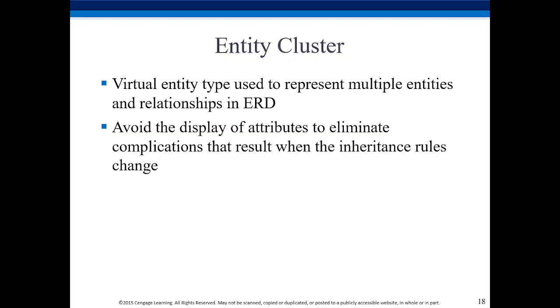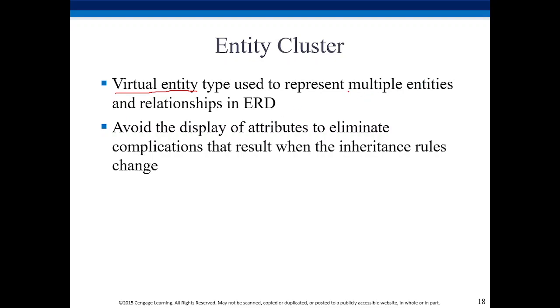In those cases, you can use an entity cluster to minimize the number of entities shown in the ERD. What the entity cluster does is group all of these entities into a single cluster. This entity cluster is called a virtual entity type. It is a virtual entity used to represent multiple entities and relationships in the ERD.